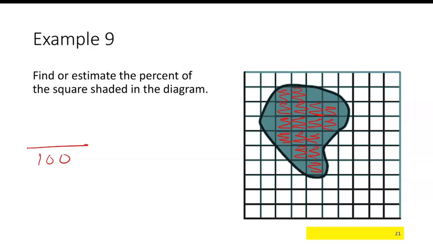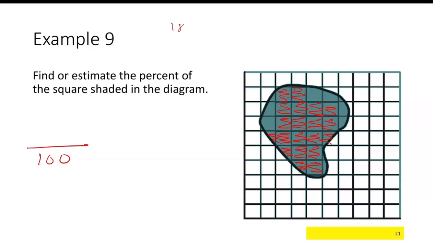So there's 16 that's mostly shaded. And then this one and this one are basically like 2 halves. I should keep track. So 2, 3, 4, 5, 6, 7, 8, 9, 10, 11, 12, 13, 14, 15, 16, 17, 18. So we're at 18 right now.